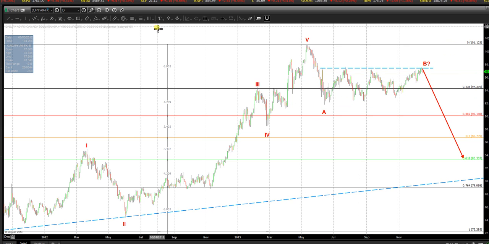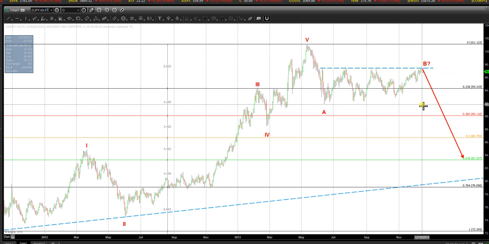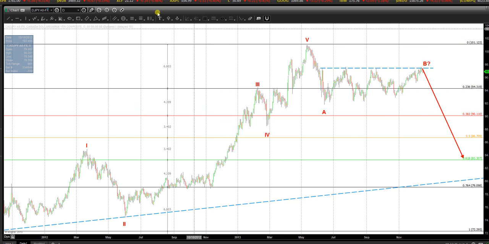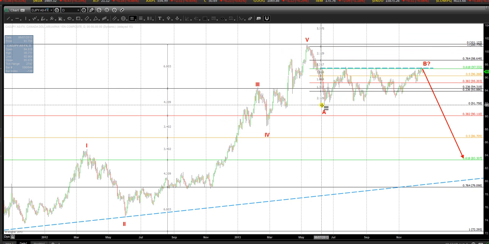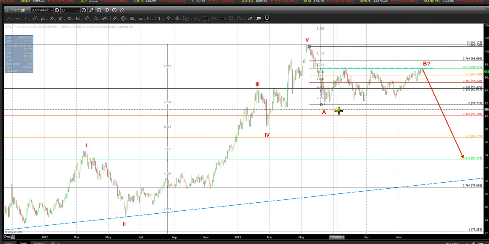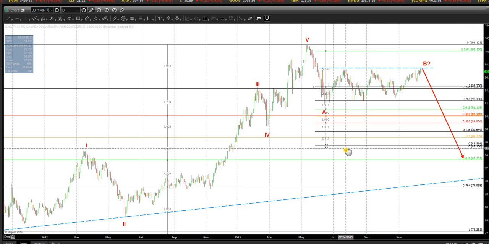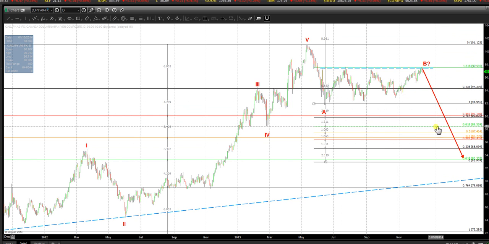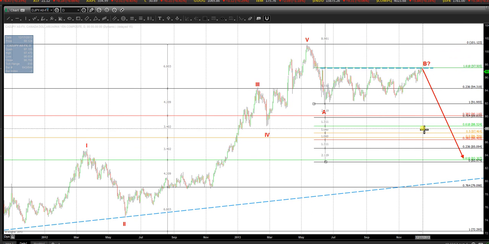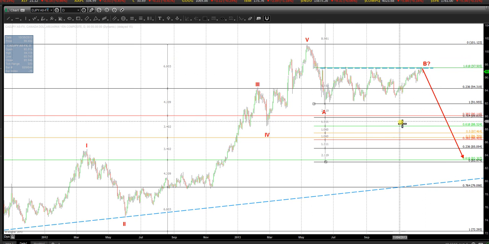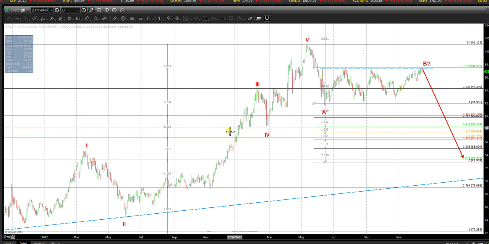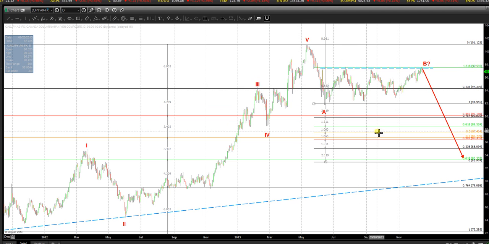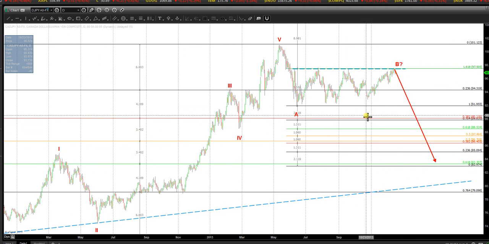So targets for this pair would be at 92, and 92 would be a 61.8% move off wave A. So that's the initial target, 92. And then second and third targets. Second target would be 100% extension of that, which would be at 88.5. So that would put us slightly past that 38.2% correction of the entire move. And then lastly, final target for this is set at 83.